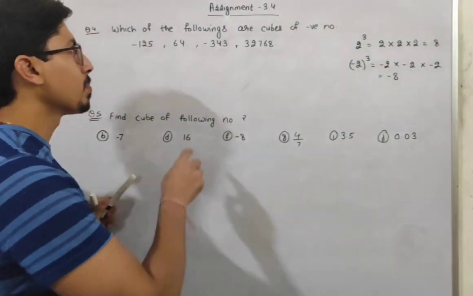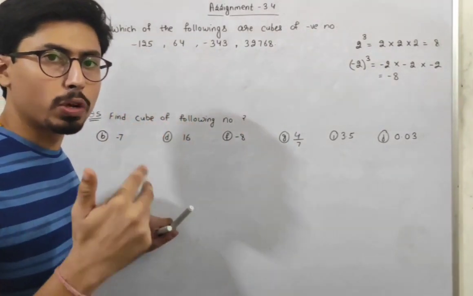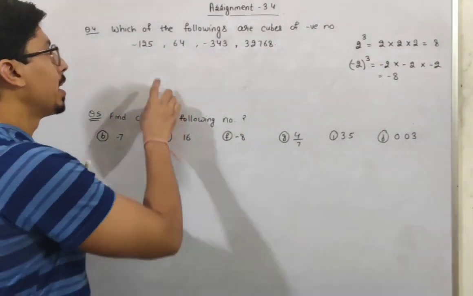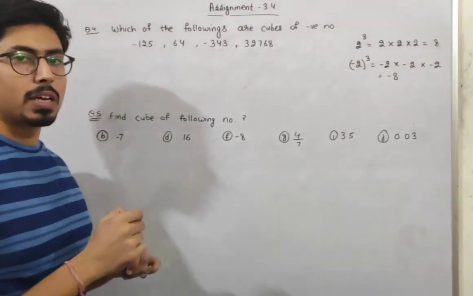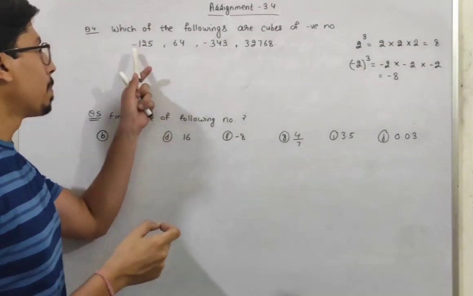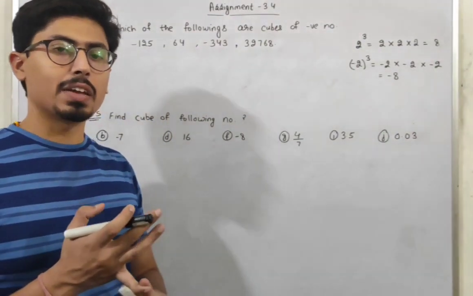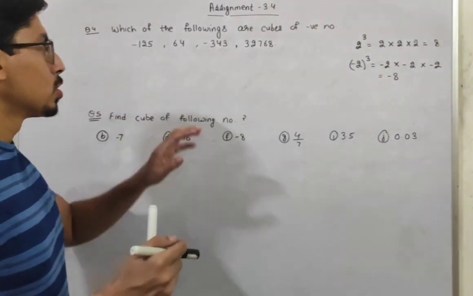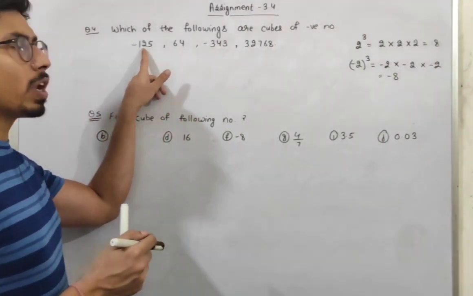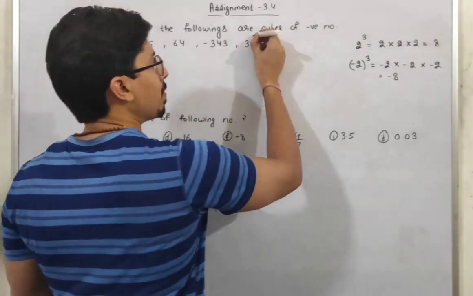Now in our question, we have 4 numbers which are the cubes of some number. Okay, see, minus 125. Here the cube of any number is minus 125, and we know that if the number is negative, then its cube will be negative. So here we have minus 125 as a cube, because which of the following are the cubes of negative number?